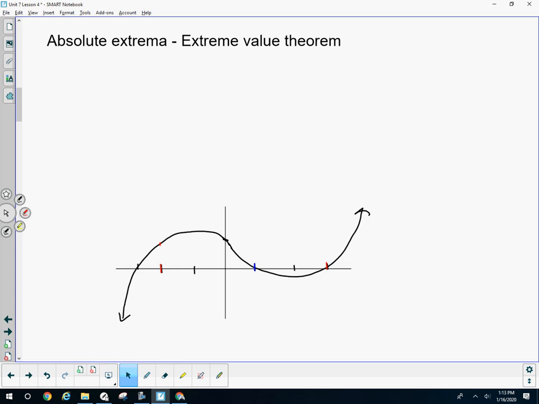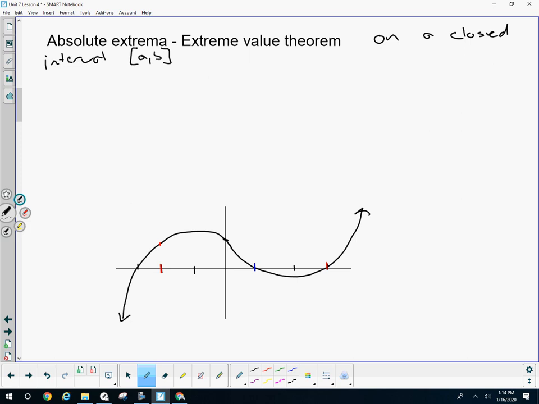If I don't look at an entire graph, if I look at an interval, a closed interval, where will I find overall maxes or mins?